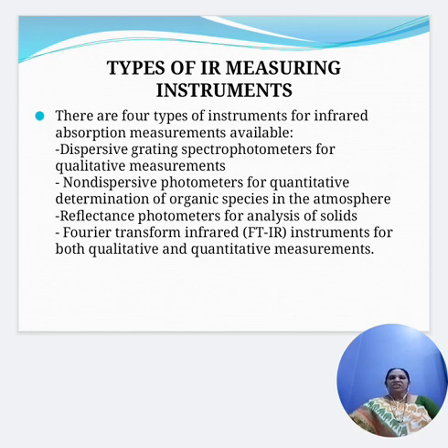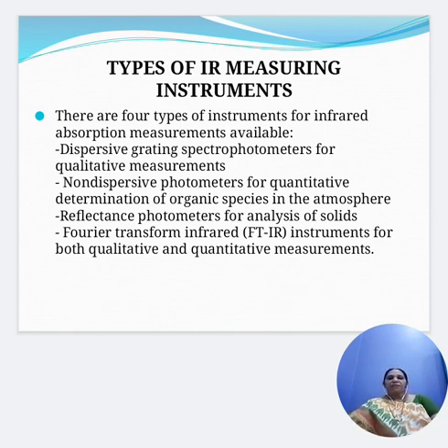There are 4 types of instruments used for infrared absorption measurement in spectroscopic analysis: the dispersive grating spectrophotometers, non-dispersive photometers, reflectance photometers, and Fourier transform infrared instruments, called FTIR.